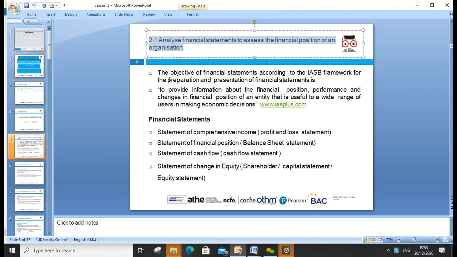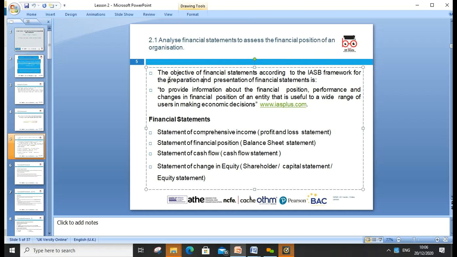Learning outcome 2 and assessment criteria 2.1: analyze financial statements and assess the financial position of an organization. We'll assess the financial position of the company. The objective of financial statements, according to the International Accounting Standards Board, IASB, framework for preparation and presentation of financial statements.